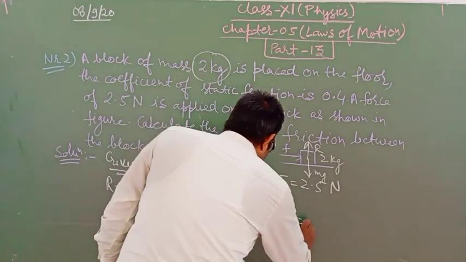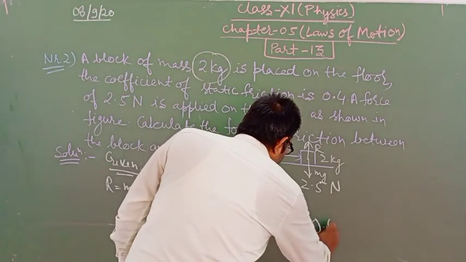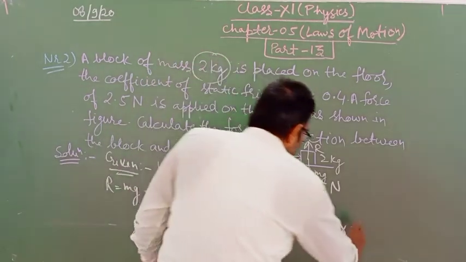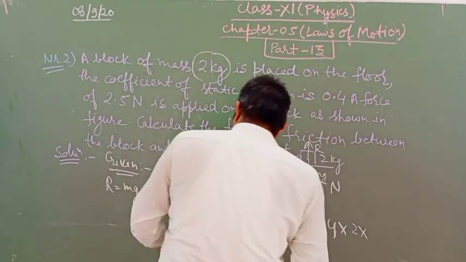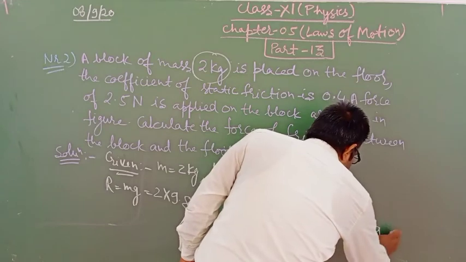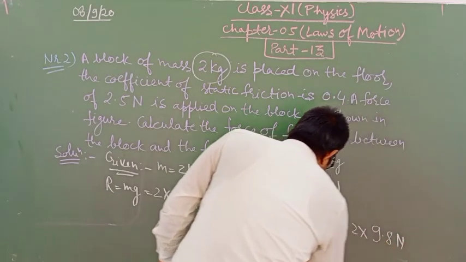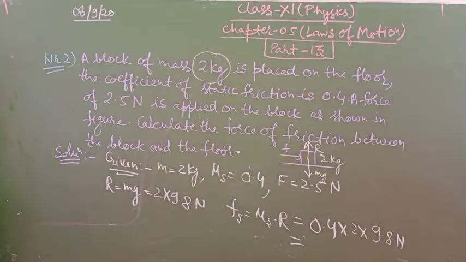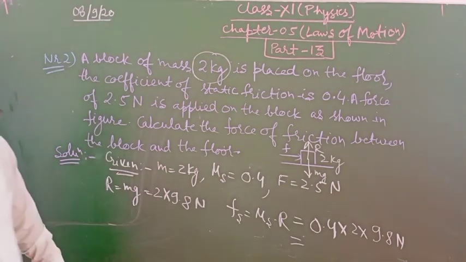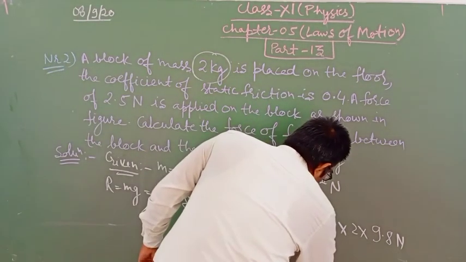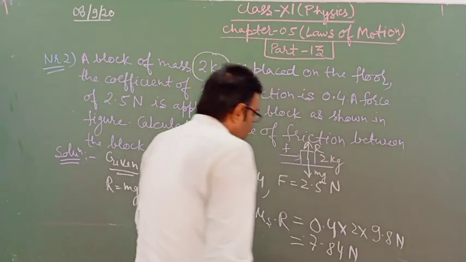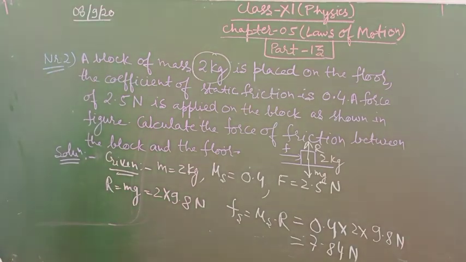So we get 0.4 into 2 into 9.8, and its value will be 7.84 Newton.